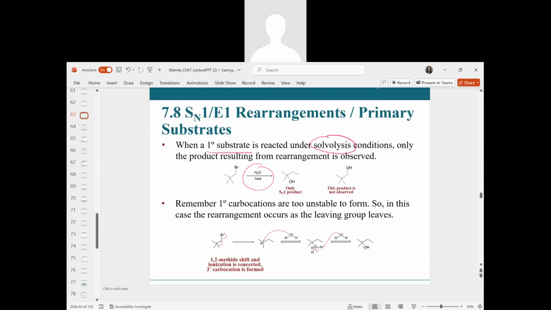We'll see this leaving group, this bromine, and we would generate a primary carbocation, but we note that this product, this primary alcohol, would not even be observed.